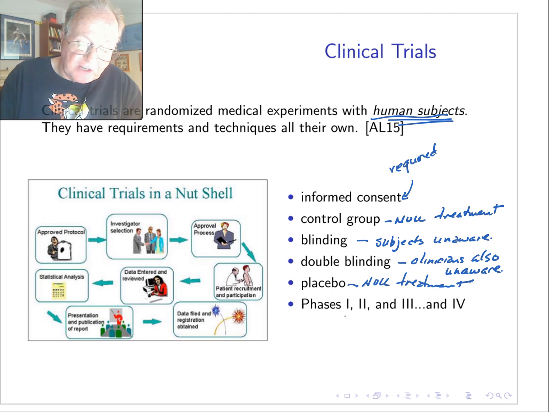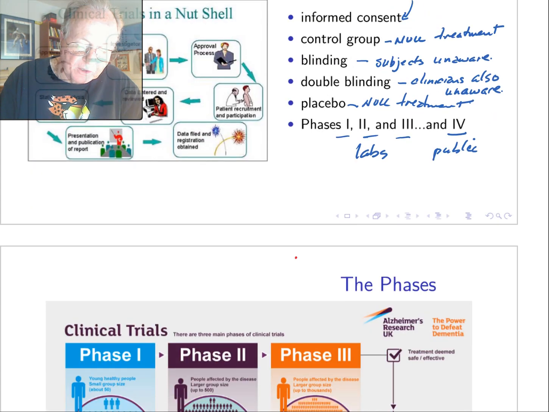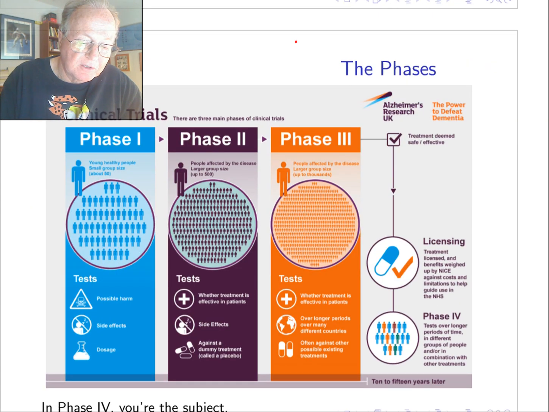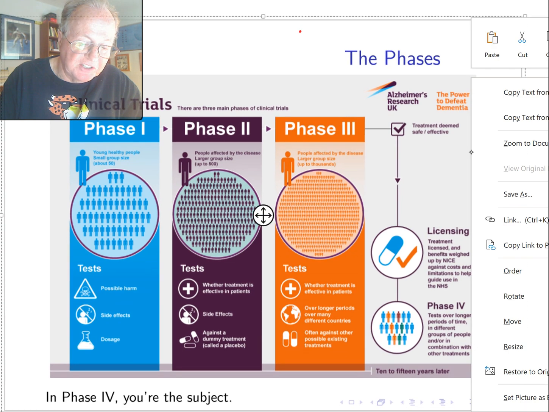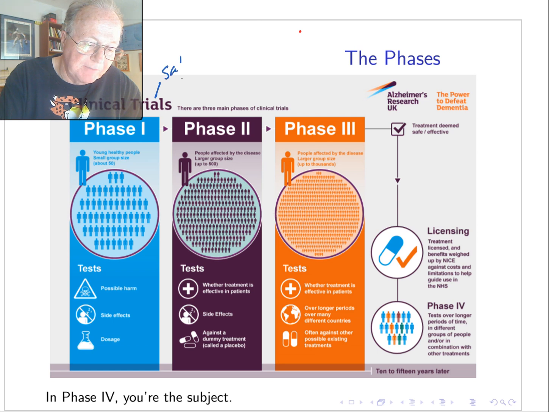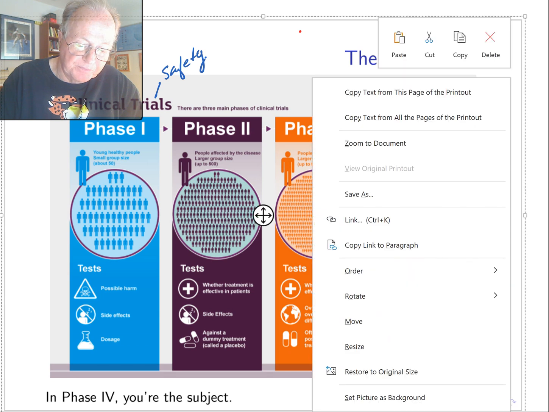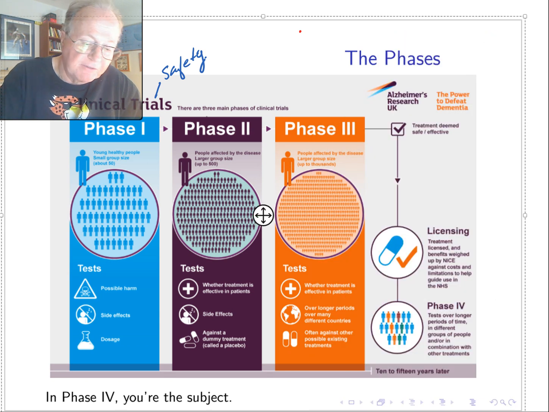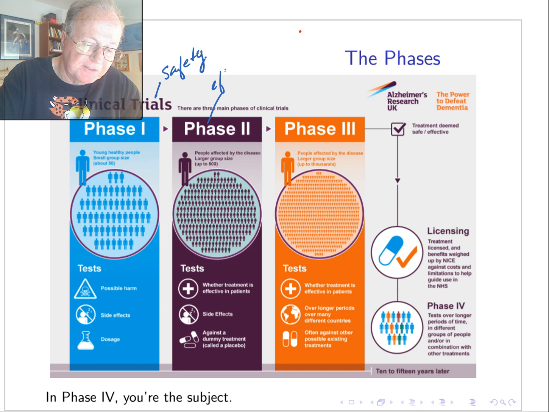Nowadays, clinical trials are categorized in 4 phases. Phases 1, 2, and 3 are in the labs, and phase 4 is out in the general public. Here's a quick summary, so you don't feel completely at sea on these. Phase 1 is what we would call safety testing. We don't want to kill anybody with our medication. Phase 2 is effectiveness.